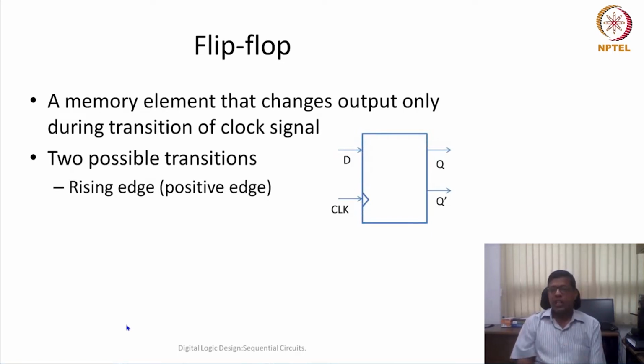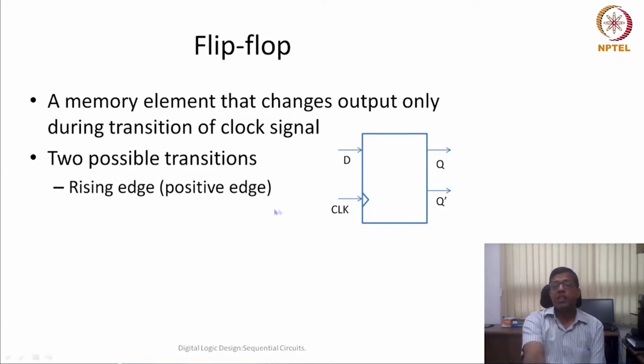So let's take an example of a flip flop, which is like a D latch, but it's a D flip flop. Now the difference between the symbol of a D flip flop and D latch is, additionally you see this arrow. This additional arrow represents that this particular circuit is sensitive to transition.